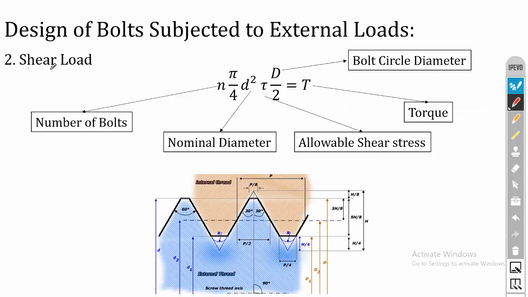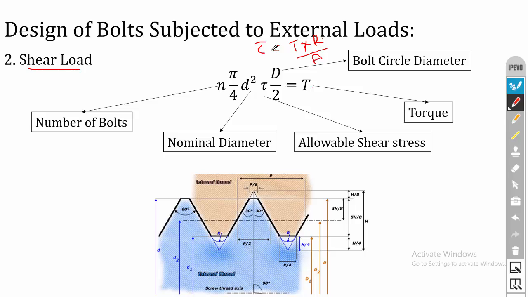And the second one is shear load. Whenever a twisting moment is applied on the bolt, it feels a shear load. And we know that the equation for torque is tau equal to T into R divided by A. So T into R will give you torque into radius and area.